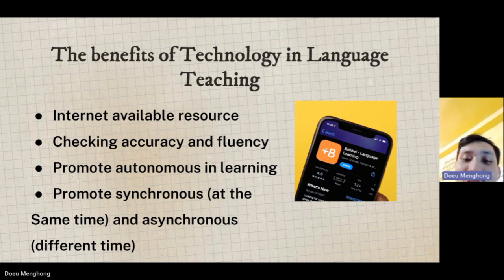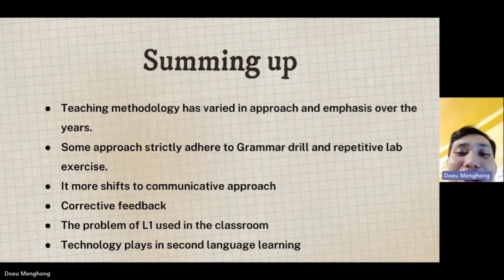And the last point that I'm talking about is summing up. So to say again over the point that I said previously, the teaching methodologies are developed more and more, and we are not sure who is going to come up with different teaching methodologies in the future.